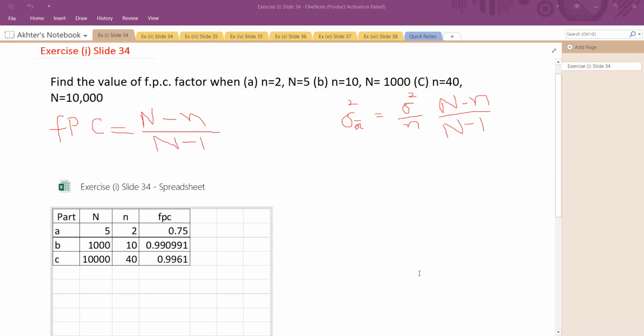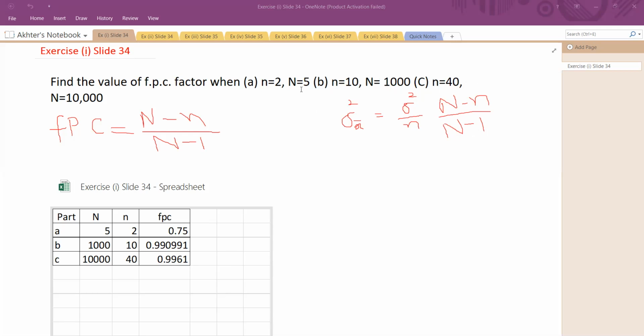So in a case where the population is limited, but the sampling is done with replacement, in both cases the value of FPC is 1, and we can say that the FPC will be neglected from the formula of the variance of the sampling distribution of mean.